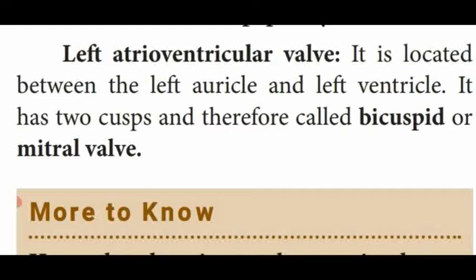Bicuspid or mitral valve. Dear students, between the right atrium and right ventricle, 3 leaf-like flaps are located, named the tricuspid valve. They are held in position by chordae tendineae, which arise from the muscular filamentous-like structures of the ventricle named papillary muscles.